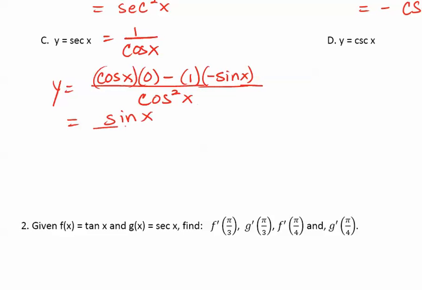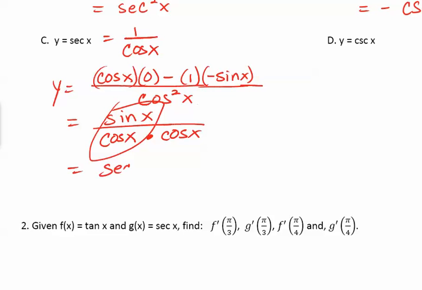Now just to quickly make the point here, I'm going to split up cosine squared so you see how we can write this. So we've got a sine over cosine, which is our tangent, and we've got a 1 over cosine. So in either order here, we've got secant x, tangent x, if I reverse that process. So the 1 over the cosine here is how I'm coming up with secant.